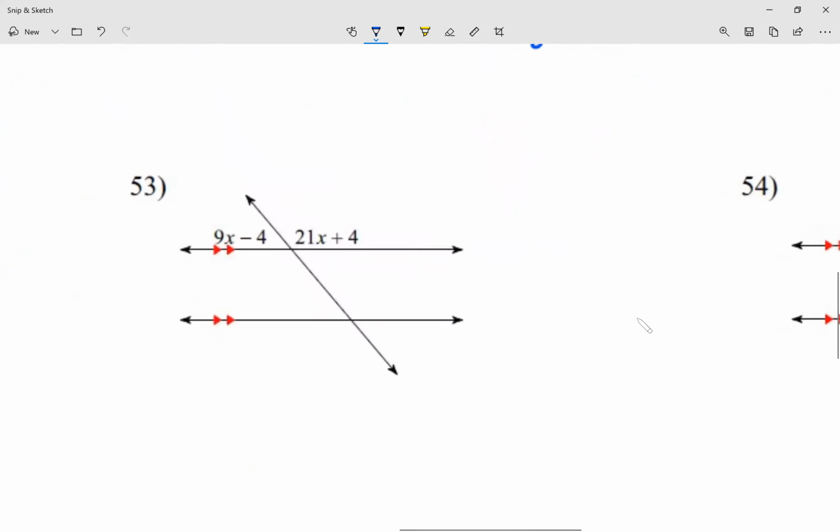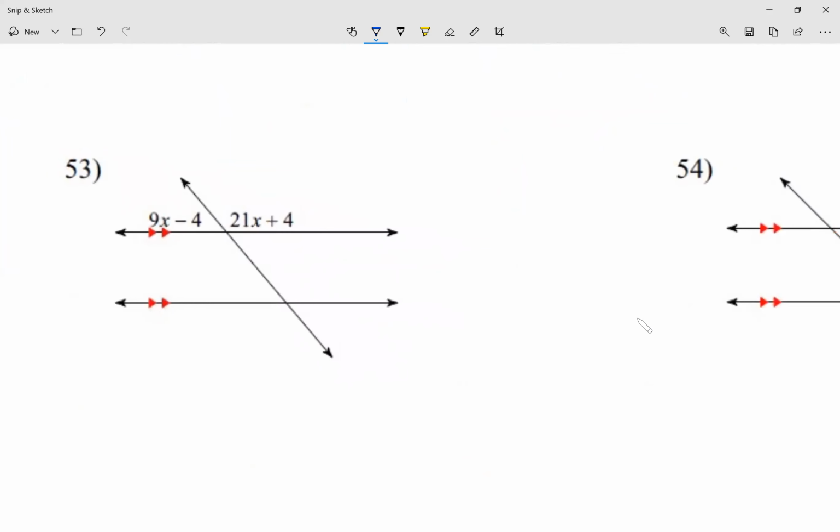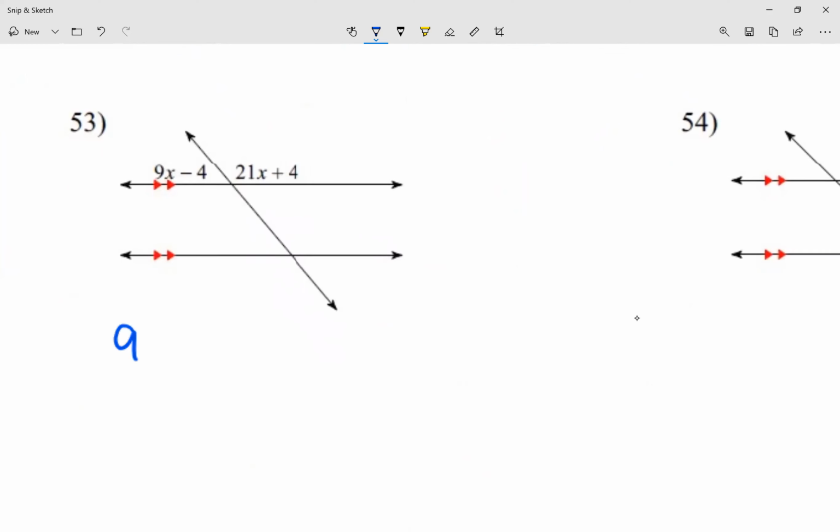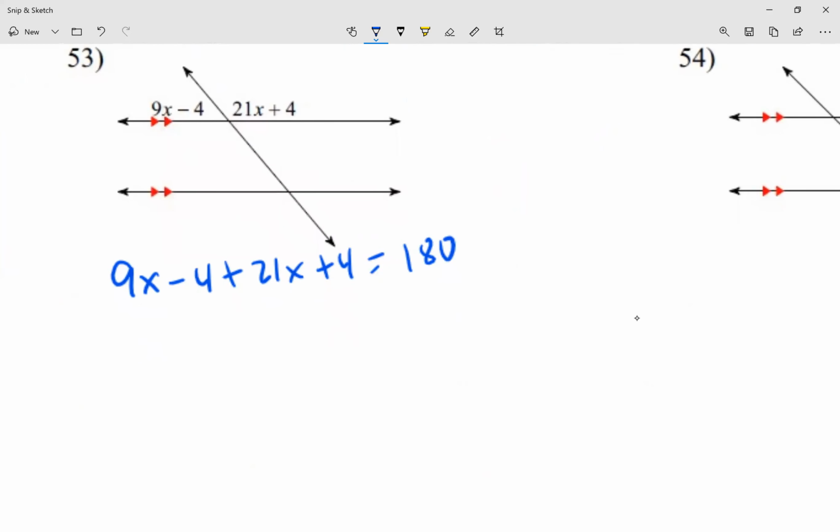Question 53, this is what we call adjacent. I know adjacent, I add everything. 9x minus 4 plus 21x plus 4, and these are equal to 180. Adjacent angles are supplementary.